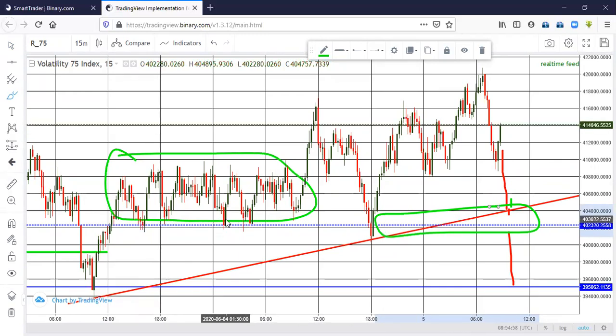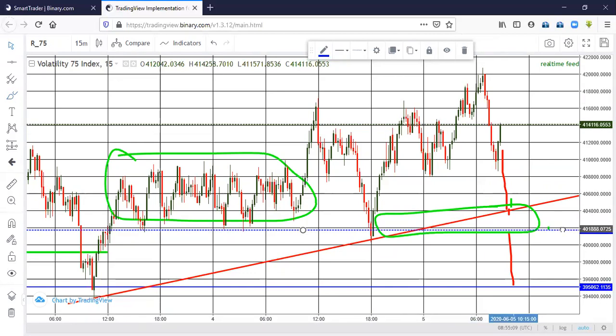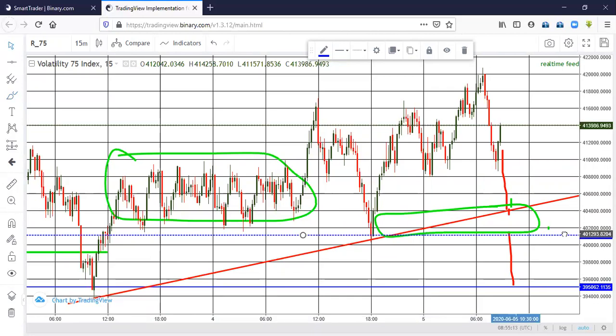So we'll put our stop loss just below this level, because we are expecting we might have a bit of resistance there. So we might put our stop loss somewhere there and see what happens.